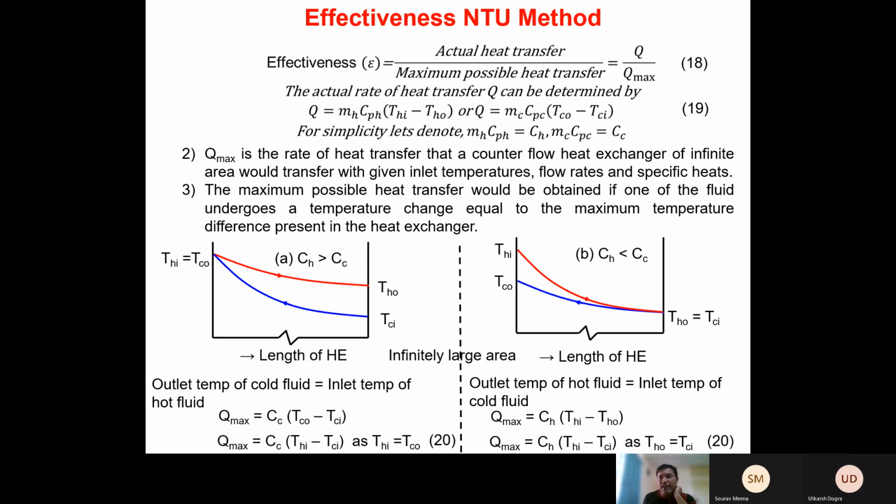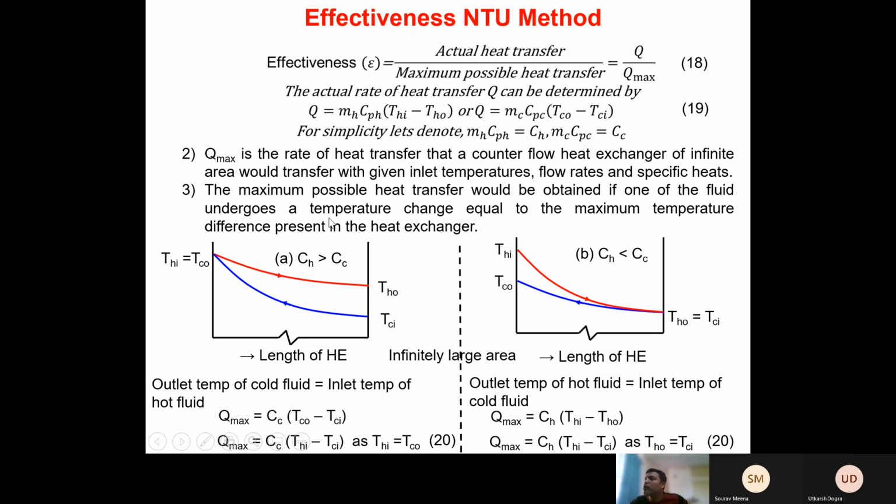Okay. So what I'm saying here is C_H is greater than C_C. C_H is greater than C_C means what? It means the hot fluid has more capacity to transfer heat to the cold fluid, and this C also accounts for the mass flow rate, isn't it? So the cold fluid is present in a lower amount.